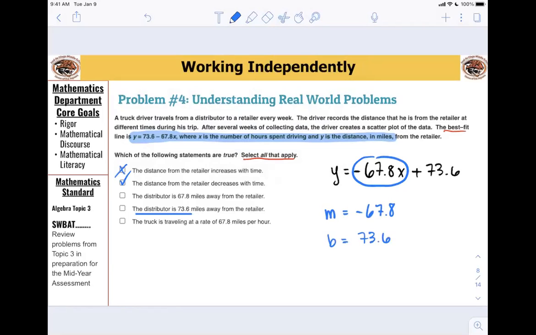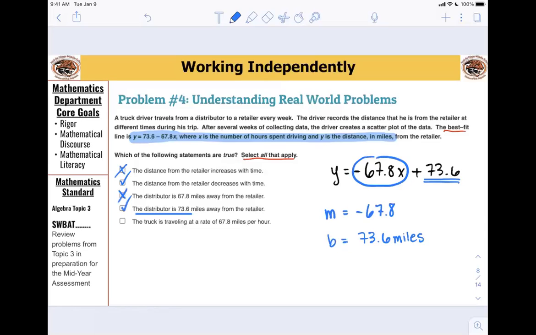And even more importantly, not just any distance, which specific distance is it? The distributor. Remember what I always say: the y-intercept is always your starting amount. Your starting whatever it's measuring, it's the starting amount. So this is my starting distance. So that's what that one is.